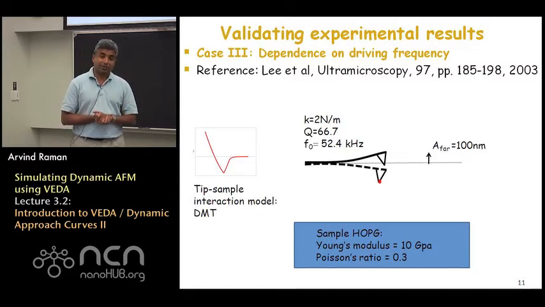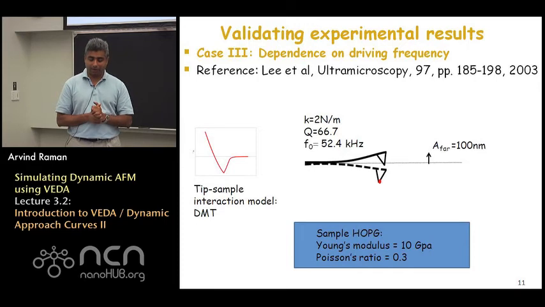Again, VEDA allows you to do the simulations, and here we're going to do an example where we compare with prior published literature to see if we're able to capture the effects that have been seen. This is an experiment performed on HOPG, highly oriented pyrolytic graphite, with a soft to moderate stiffness cantilever with a large amplitude of oscillation. A0 is 100 nanometers in this case.